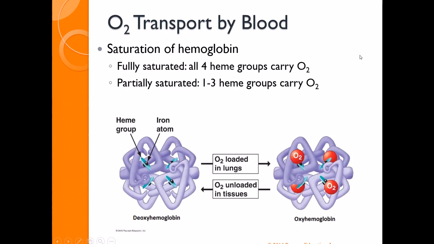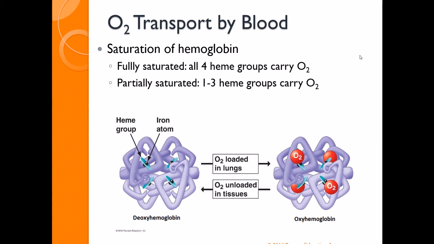In terms of saturation, remember that hemoglobin can carry 4 oxygen maximum. That's what we would then call a fully saturated hemoglobin molecule. If it doesn't have all 4 heme groups carrying oxygen, then it's what we call partially saturated. And even the blood that we think of as deoxygenated blood almost never has no oxygen bound to it.